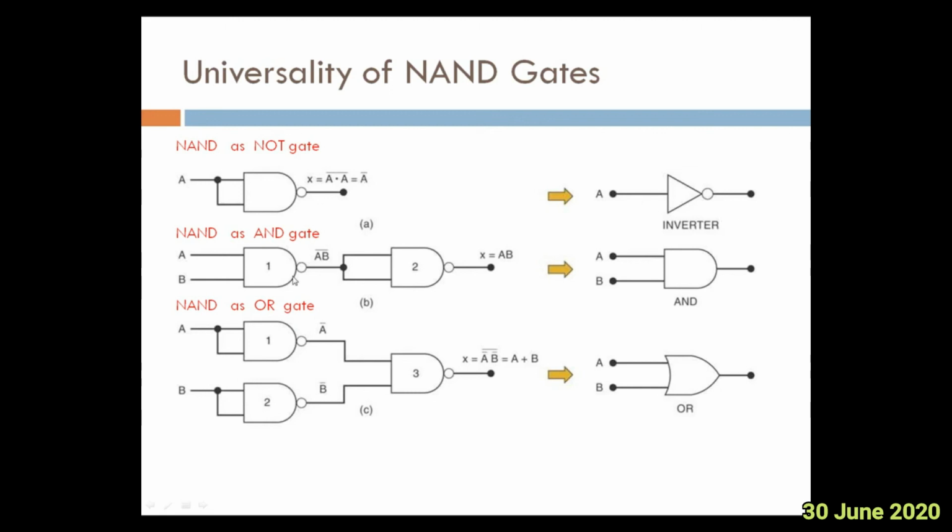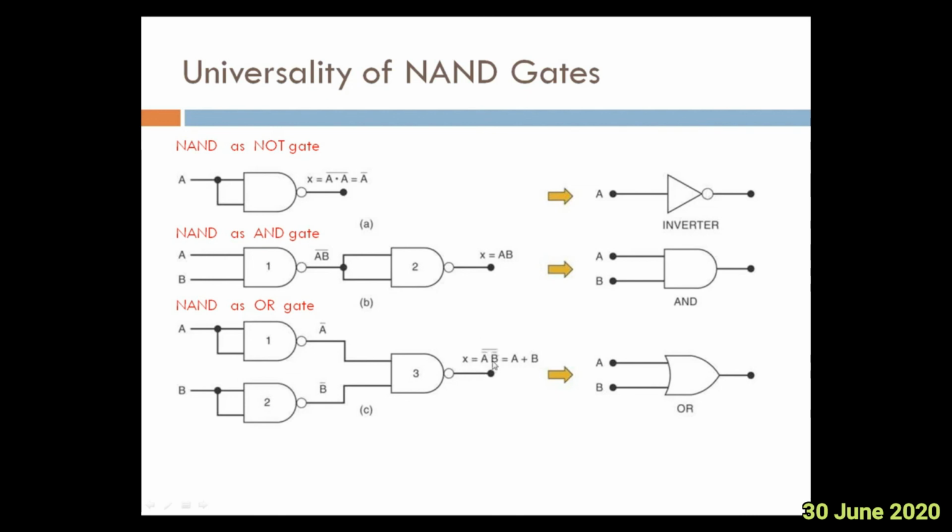Now for an AND gate, as an AND you can see. A and B whole bar, this is already a NOT gate. So A B bar of bar, complement of a complement, that is AB. AB is nothing but the AND gate. Now similarly here, A is A bar, B is B bar, if I make a NAND here, that is what will happen. It is multiplication, then NOT, A bar dot B bar whole bar.